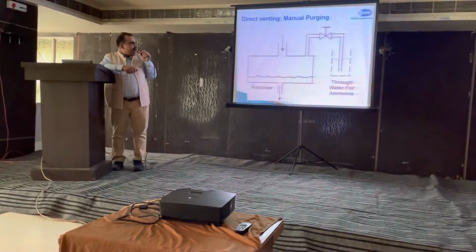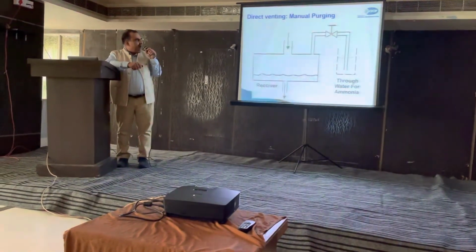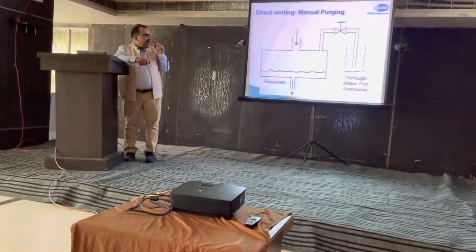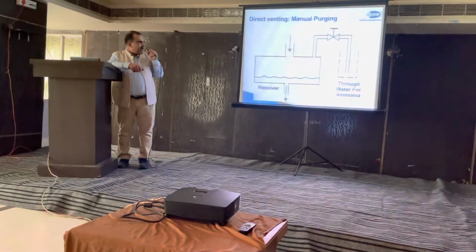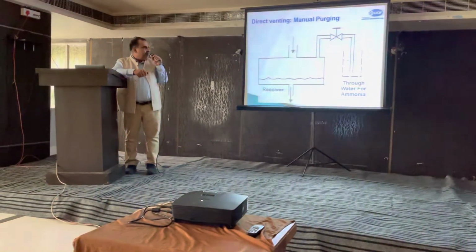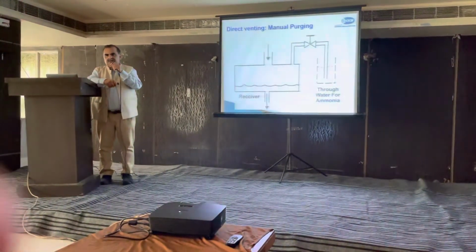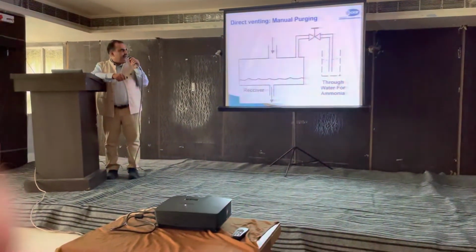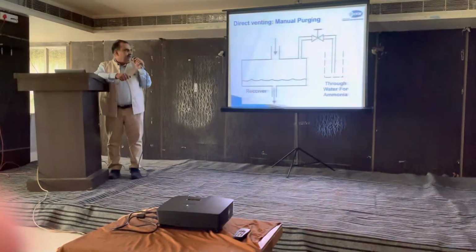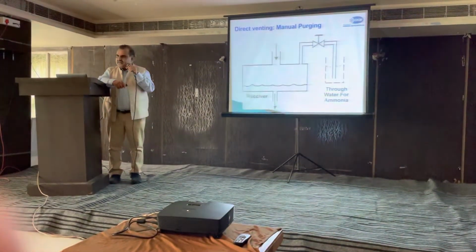So we can do it from the receiver: just provide a valve, connect it, put it into a water container and open this valve slowly. Preferably we have to shut down the plant so that no ammonia gas comes out of it, and you must wear all the PPE kit and safety equipment.